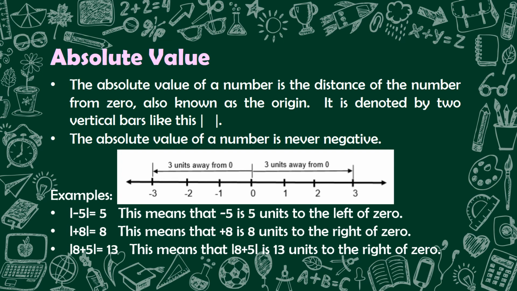This means that the absolute value of 8 plus 5 is 13 units to the right of 0. What have you noticed? Ano ang ini-indicate ng negative at positive sign? That's correct. It tells us if it is units to the left or right of a 0. If we have positive, it means the units to the right of 0. And when we have negative, the units to the left of 0.